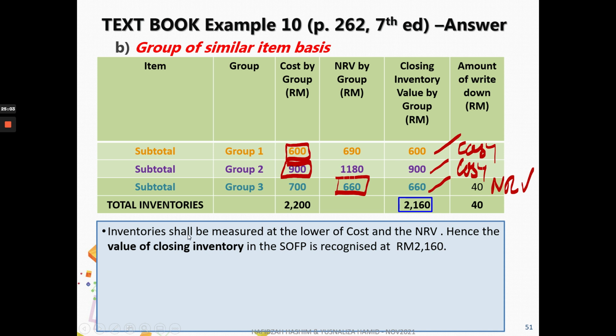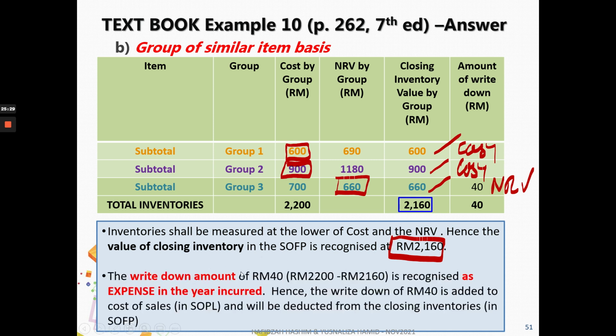So therefore, inventories again in terms of accounting treatment explanation should be the case where inventory shall be measured at the lower of cost and the net realizable value, and therefore the value of closing inventory in the statement of financial position under the current asset is recognized at the net realizable value, which is 2160. The write down of inventories needs to be done by recognizing that as an expense in the year where it is incurred. So the write down of 40 because of the difference between cost and the NRV.